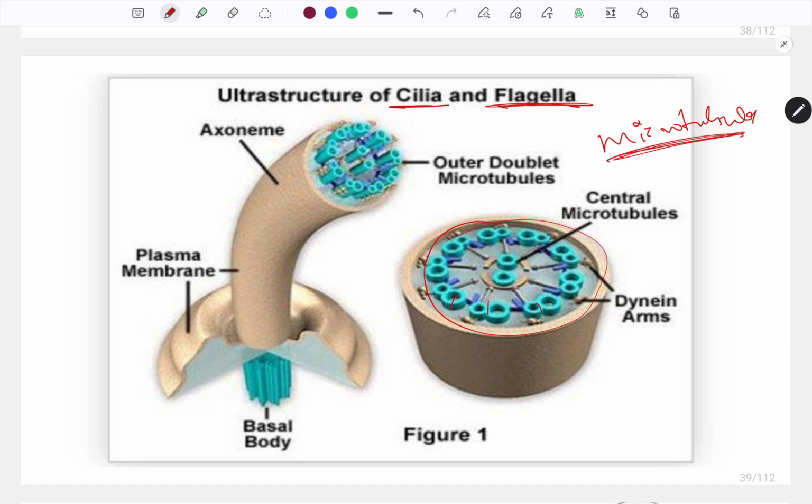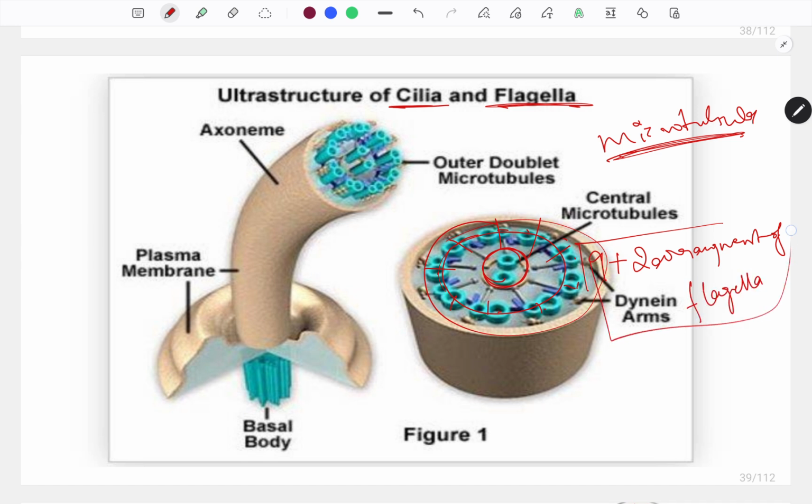That means nine microtubules on the outer side and two on the inner side. Because of this, the model is called the 9+2 arrangement of flagella. So this is how it looks.